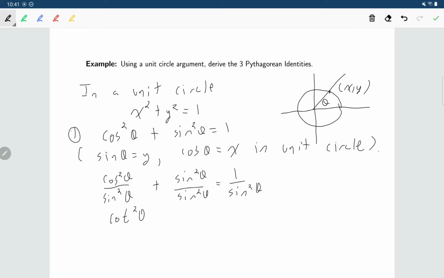And sine squared over sine squared is 1. 1 over sine is cosecant, so 1 over sine squared is cosecant squared theta. And there we go, we've established our second identity.